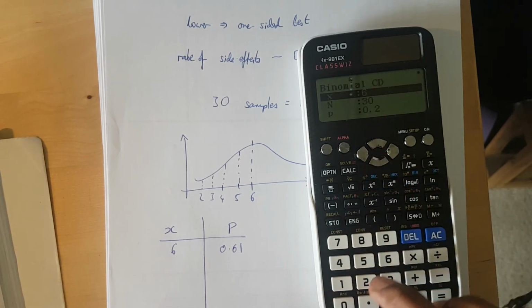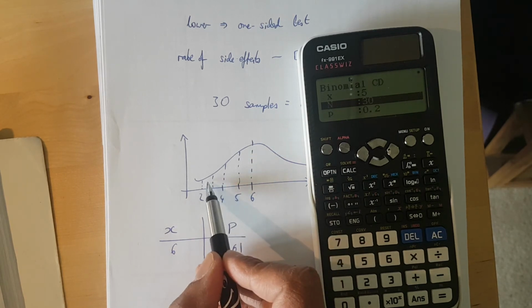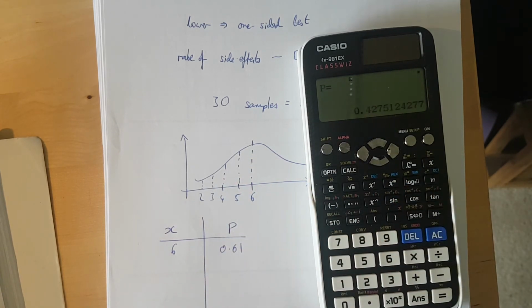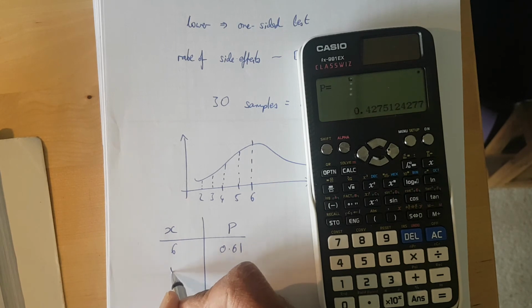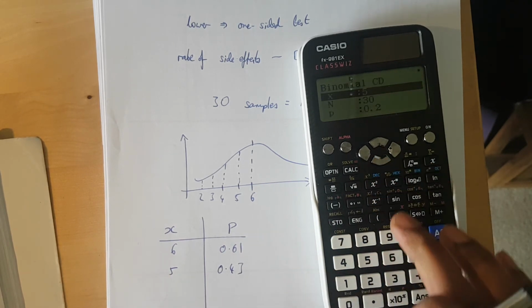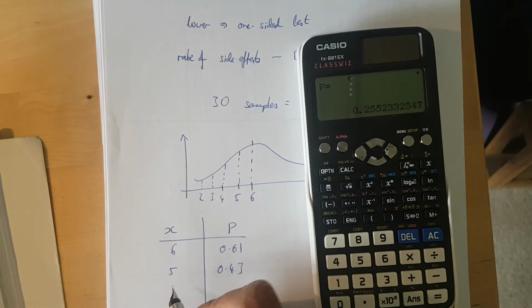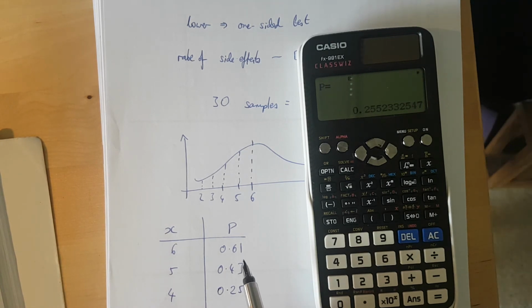When I come to say, let's say that's 5, so I'm only looking at this area from here back here, I get 42%. So that was 5, that's 0.43 in fact. Next one, let's make that 4, and I get 25%. So if I only wanted at a 25% significance level, which is very, very high, I'd have to get around 4 people.